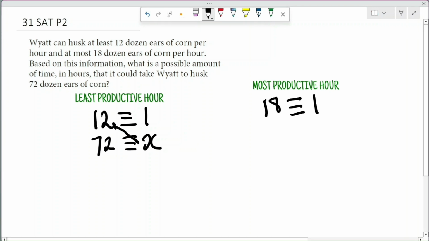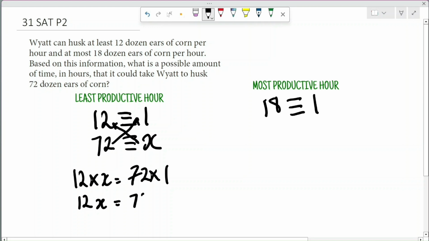You can have 12 times x on one side. 12 times x equals, on the other hand, 72 times 1. 12 times x on the left is 12x, equals 72 times 1, which is 72.